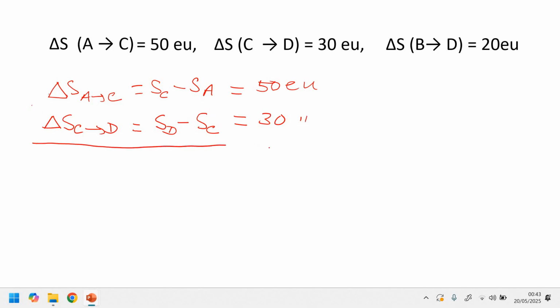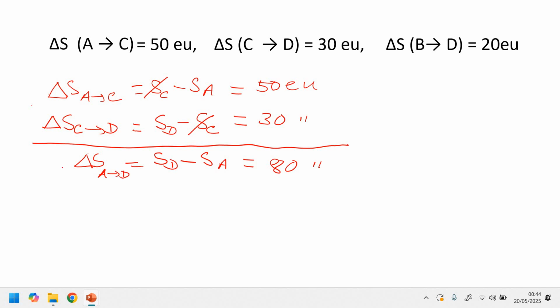Now if you add these, look here, the entropy at C gets cancelled, so this is SD minus SA, that value will be 80 entropy units, and this is the entropy change, delta S final minus initial, that means A to D, right?